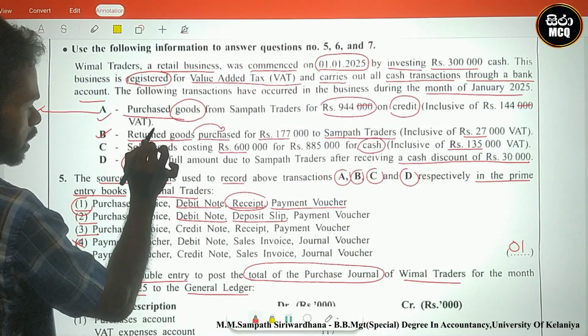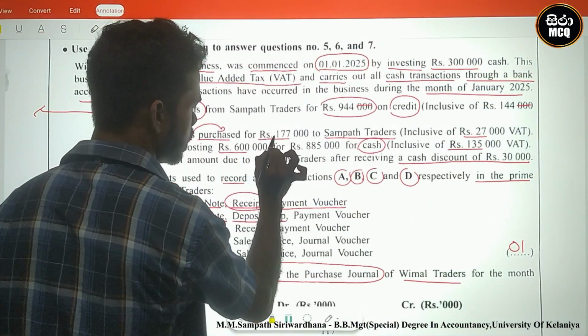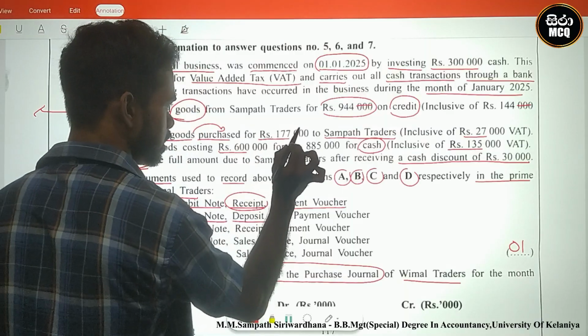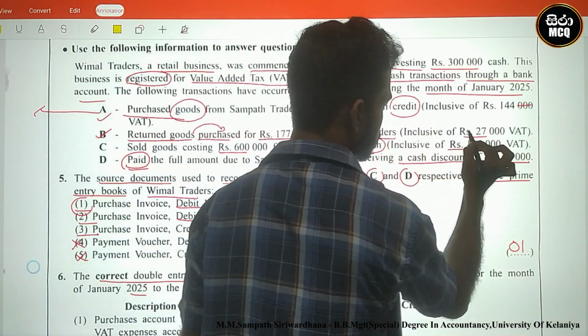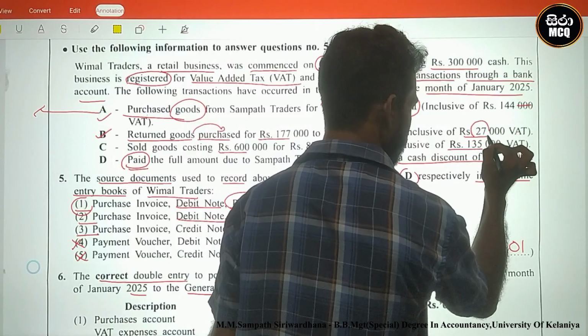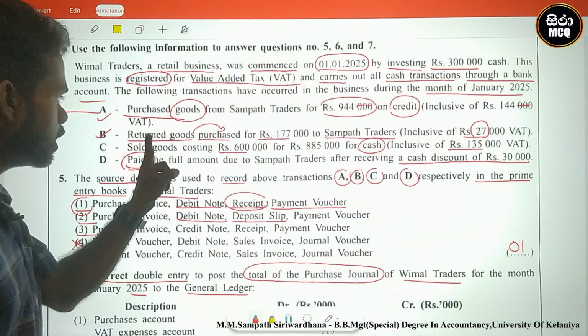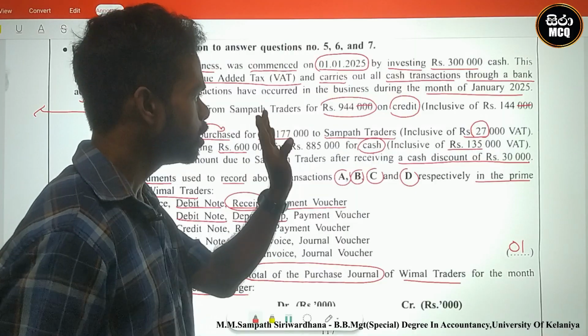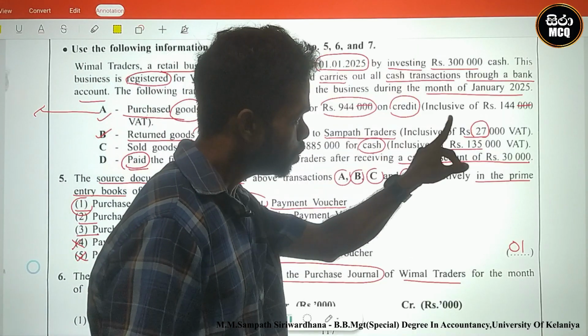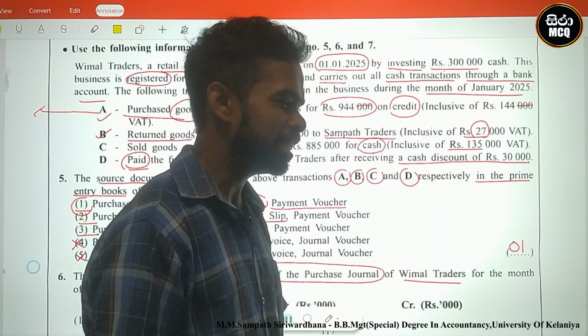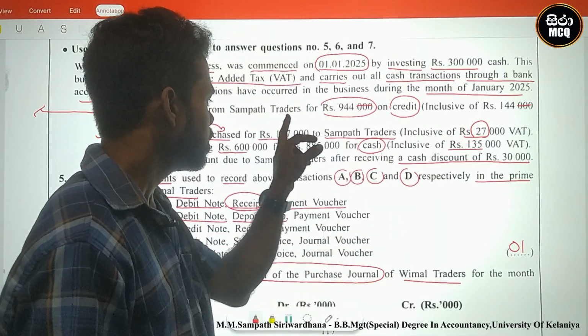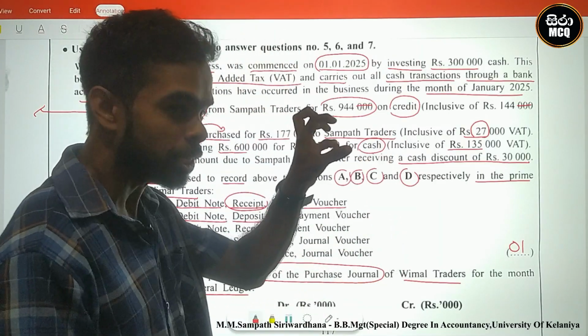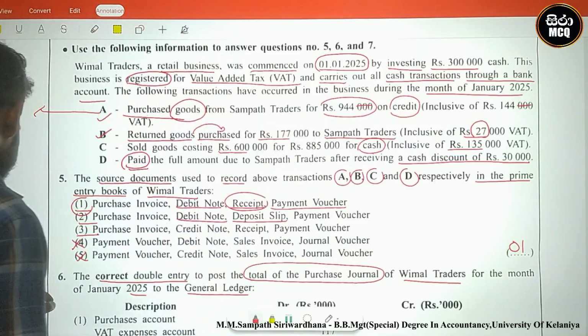Okay, let's see the third one. Return goods purchased from Sampath Traders, inclusive of 27 VAT, 177. Inclusive means 177 includes VAT.